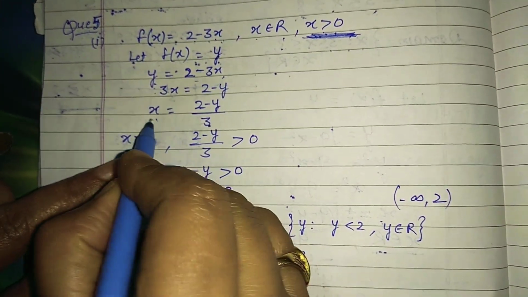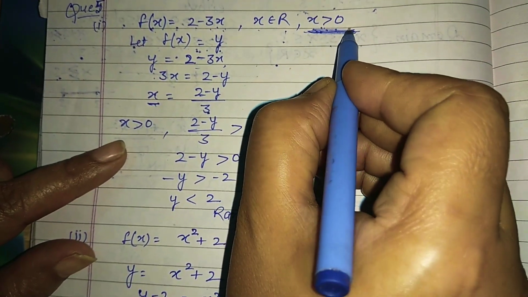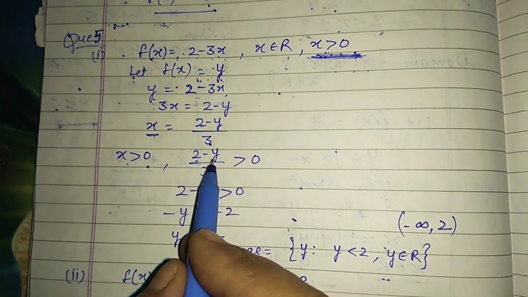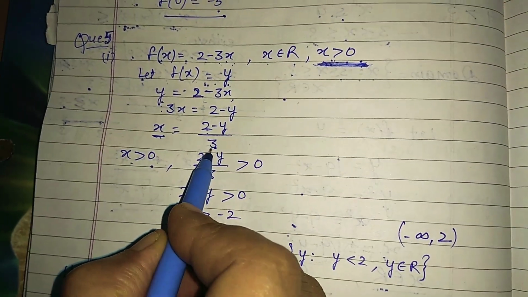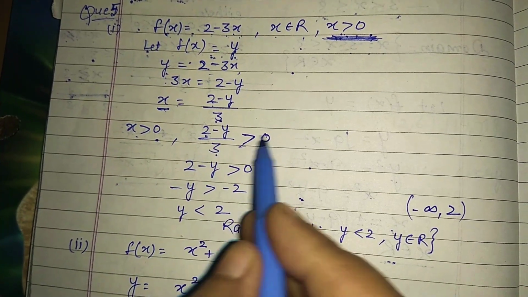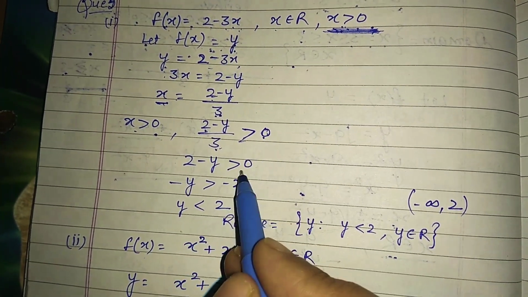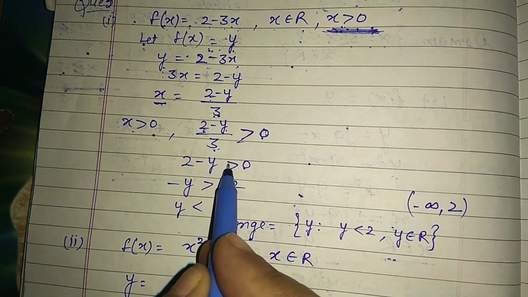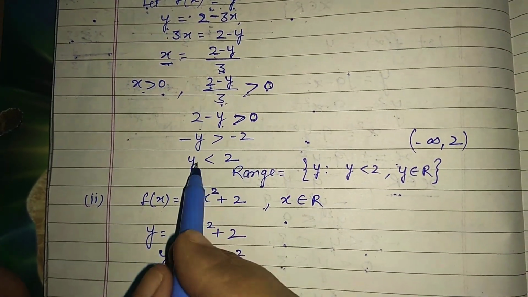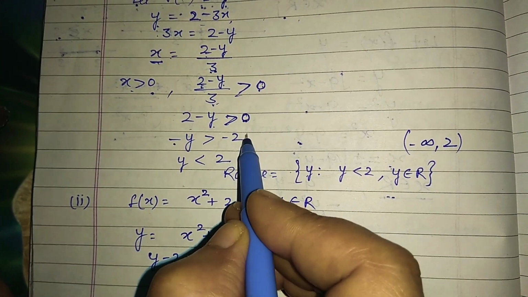Okay, in this question the domain is given as greater than 0, it means x is greater than 0. So the x value is (2 minus y) upon 3, so (2 minus y) upon 3 is greater than 0. Okay, cross multiply, 3 into 0 will be 0, it means 2 minus y is greater than 0. So minus y is greater than minus 2.